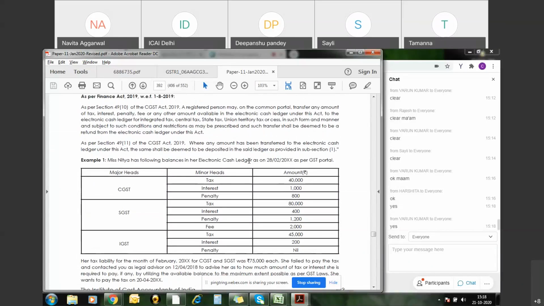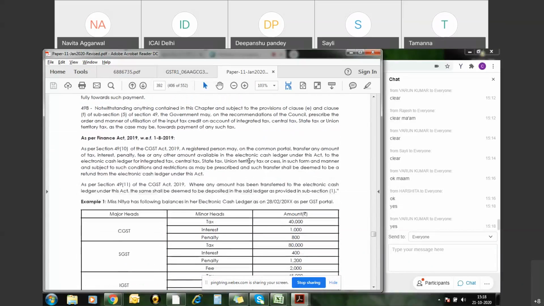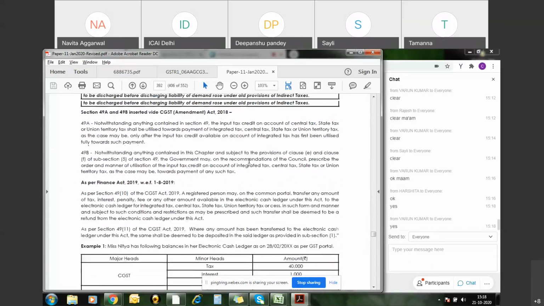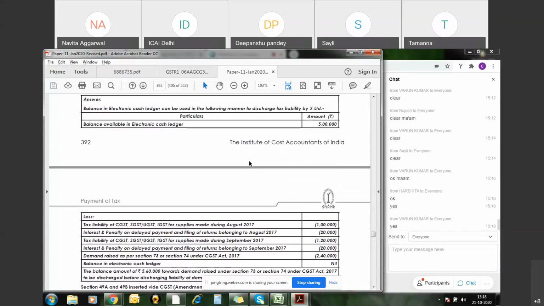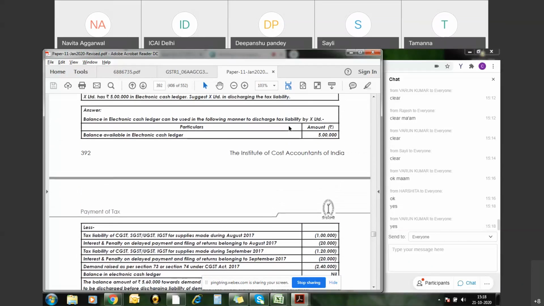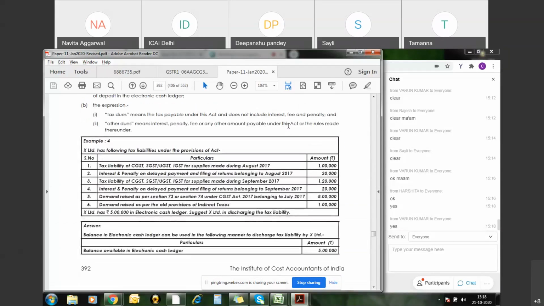So there was an opening balance in the cash ledger of 5 lakhs. Tax liability under the three heads in the month of August was 1 lakh, but this was paid late, and hence there is an interest and penalty of 20,000.